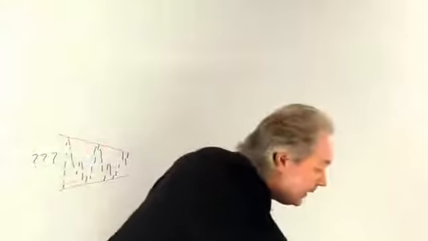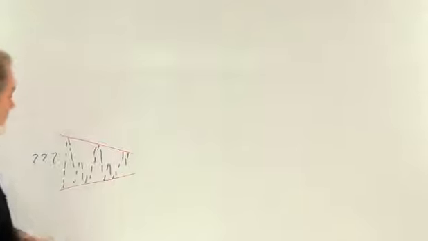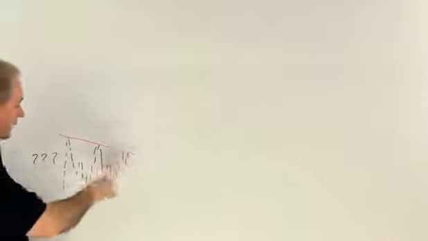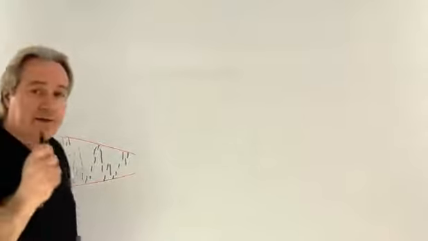So, what we are going to do is forget the buy stop, sell stop nonsense. We are going to wait for this pattern to do something, to trigger an entry.